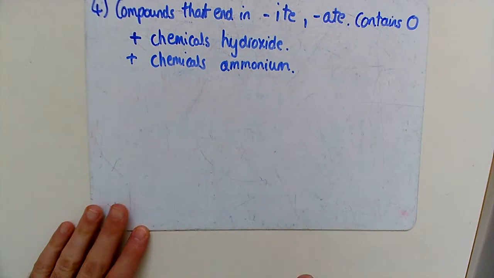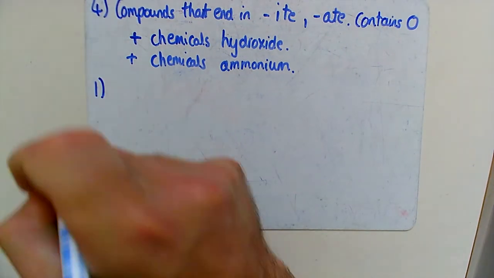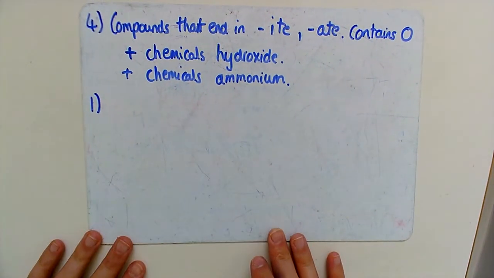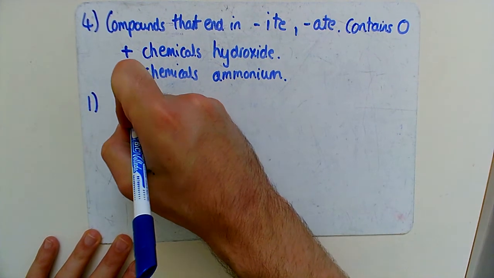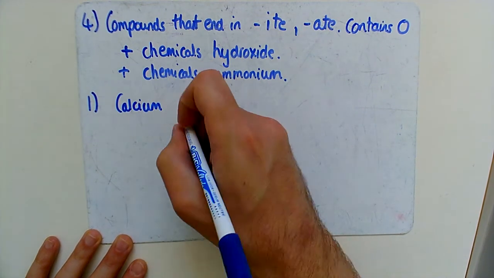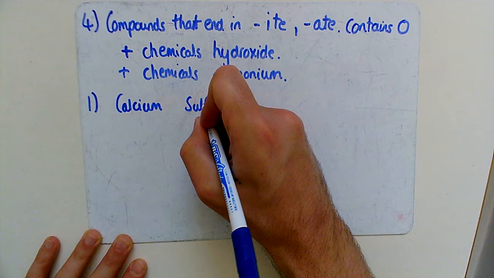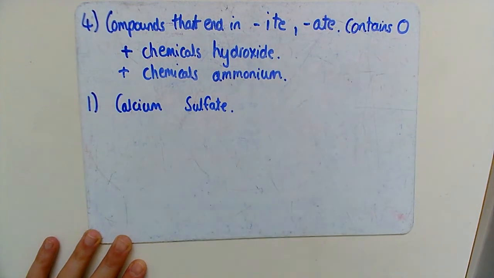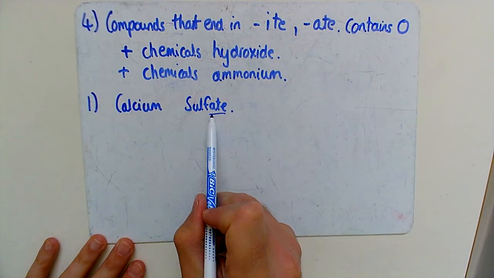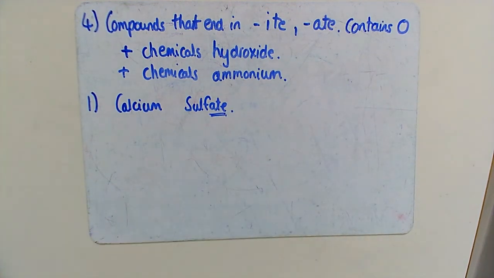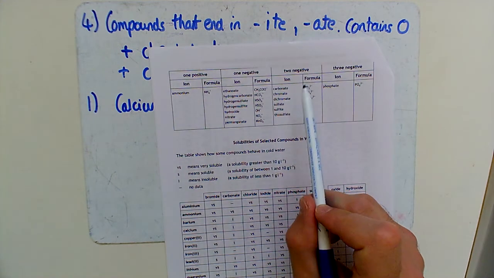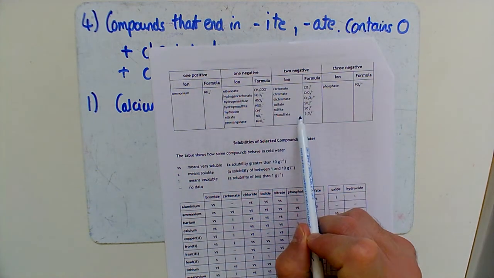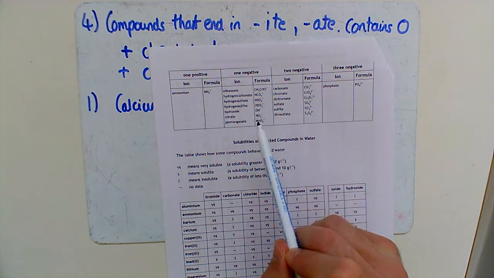And the first example we'll use is calcium sulfate. Now, it's a chemical that ends in ATE, so we know we need to use page 8. Now, sulfate is in this column, the 2 negative column.